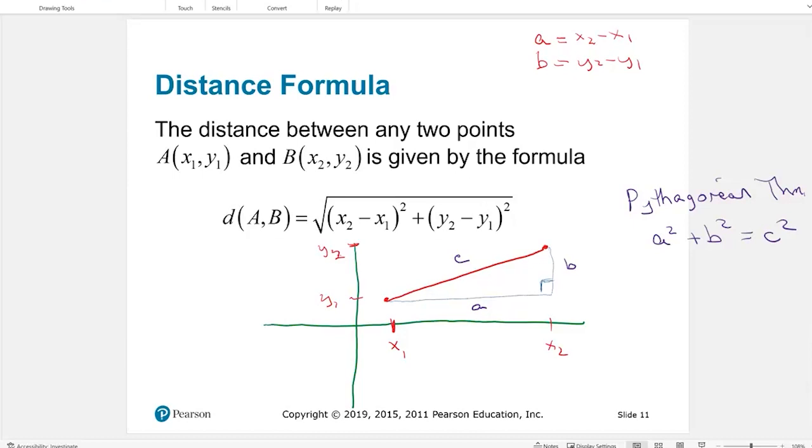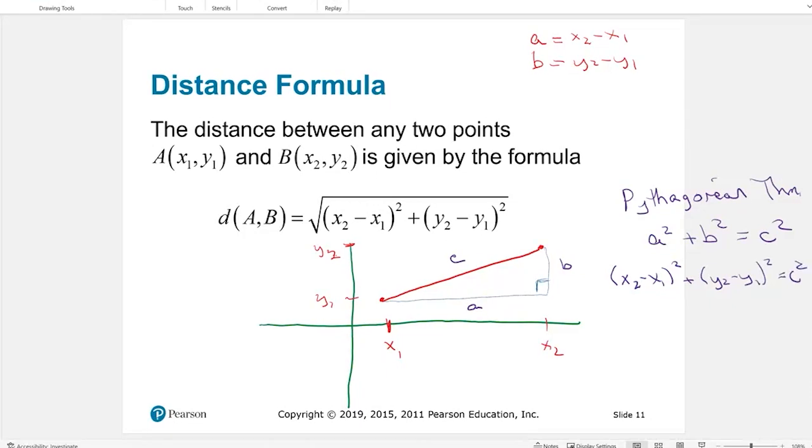And if I plug them in here, then what do I get? I get (x2 minus x1) squared plus (y2 minus y1) squared equals c squared, which is what I'm trying to find, the length of c. But the Pythagorean theorem actually uses lengths. So the length of A squared plus the length of B squared always equals the length of C squared.